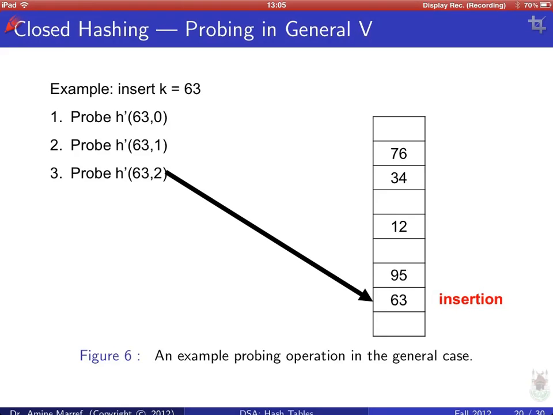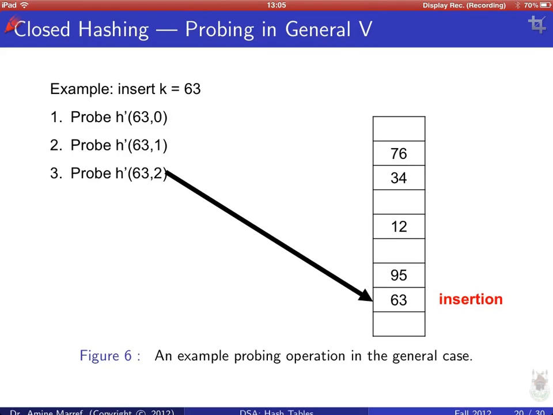So having this ghost is going to help me maintain the probing sequences for my keys. If I make it null, I may not be able to find certain keys, although they are still in the table, because I have broken the sequence.